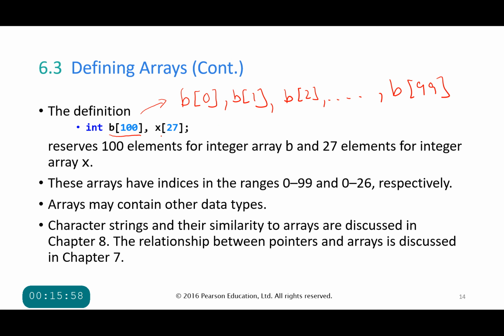Similarly, x is an integer array of size 27, which will consist of these elements. The first or zeroth element is x[0], the second one is x[1], and the last one is x[26]. And that's pretty much it.